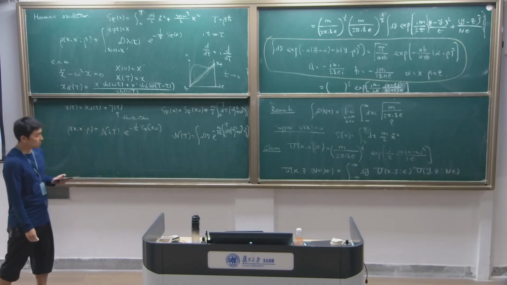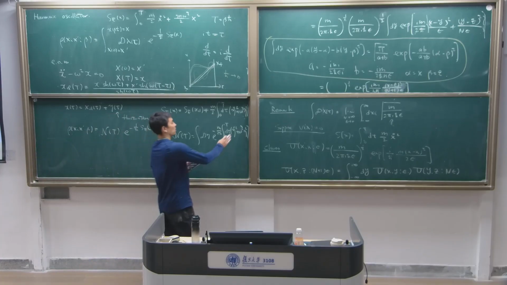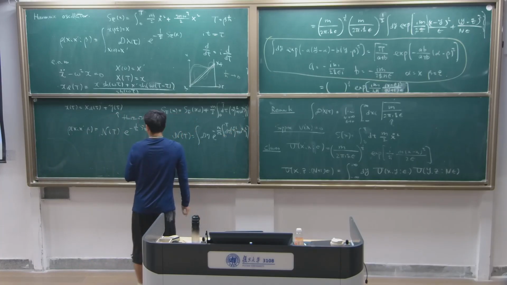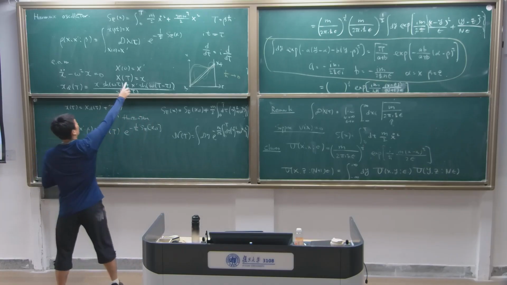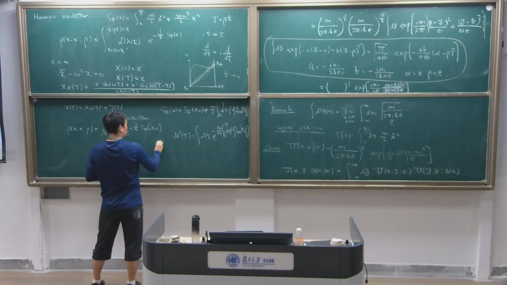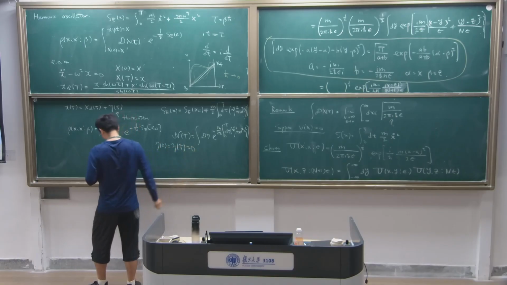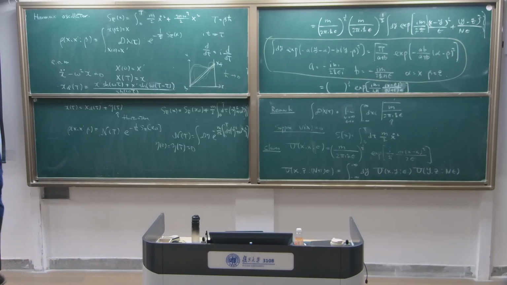That's what we have. Fine. Since we take the initial value like this, the initial value of the fluctuation is always 0. So that's what we need to evaluate.